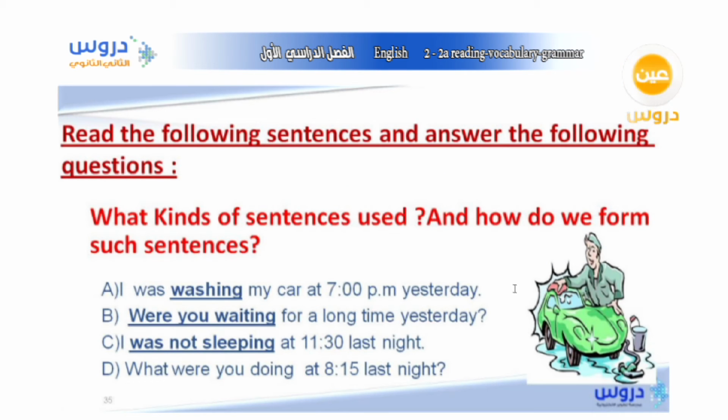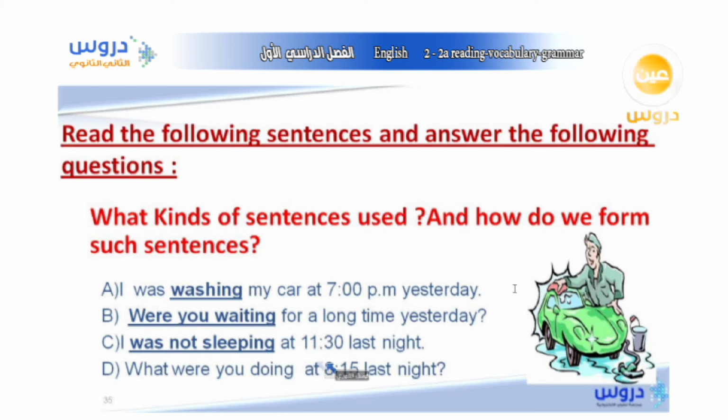Read the following sentences and answer the following question. What kinds of sentences are used and how do we form such sentences? A, I was washing my car at 7 p.m. yesterday. B, were you waiting for a long time yesterday?